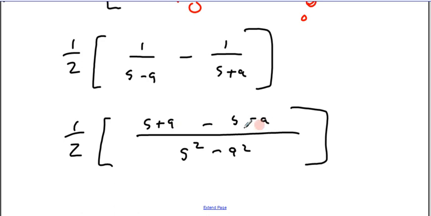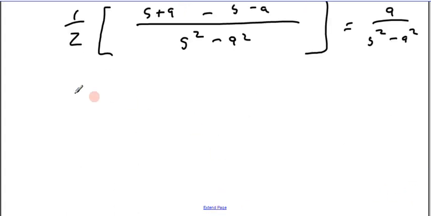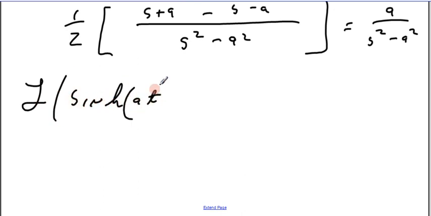I have two a's, and so the 2 goes into the 2a, and I have a over s squared minus a squared. And with that, I'm done. That's the Laplace transform. So the Laplace transform of hyperbolic sine of at is going to be a over s squared minus a squared.